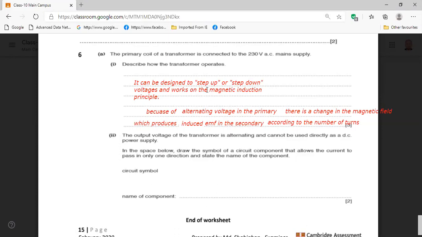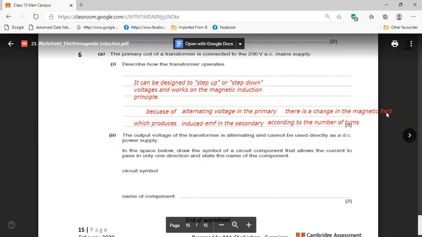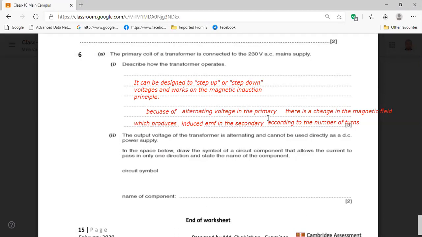For this alternating voltage, there is change in magnetic field, which is producing induced EMF in the secondary according to the number of turns. If your number of turns is more in the secondary, then it will be step up. If the number of turns is less, then it is step down.